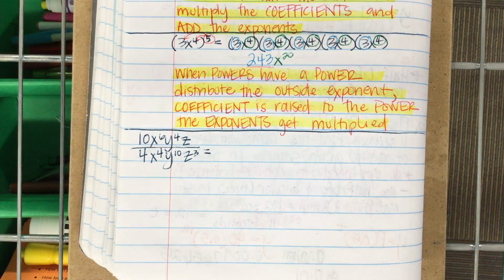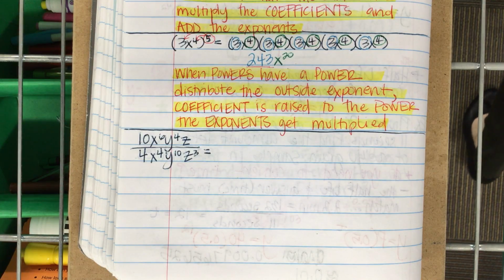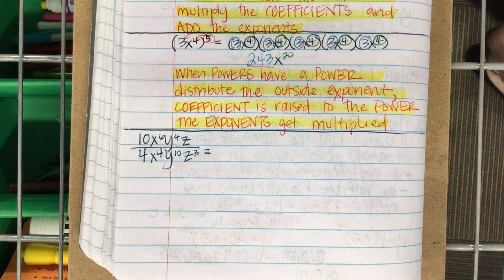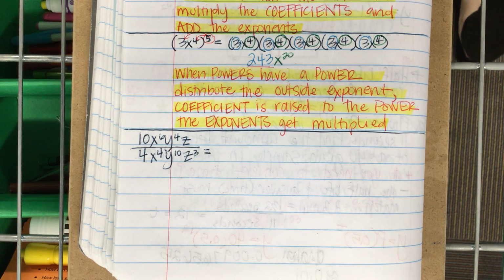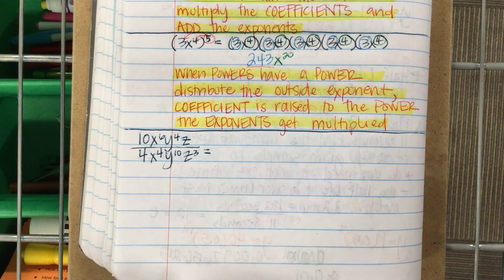Again, that problem is 10x to the 6th, y to the 4th, z. And then the denominator is 4x to the 4th, y to the 10th, z to the 3rd. We don't know the rule yet. We haven't gotten a shortcut. So, since I don't know a shortcut, what can I do? Write it out. Because it's going to visually make more sense to us if we write it out.